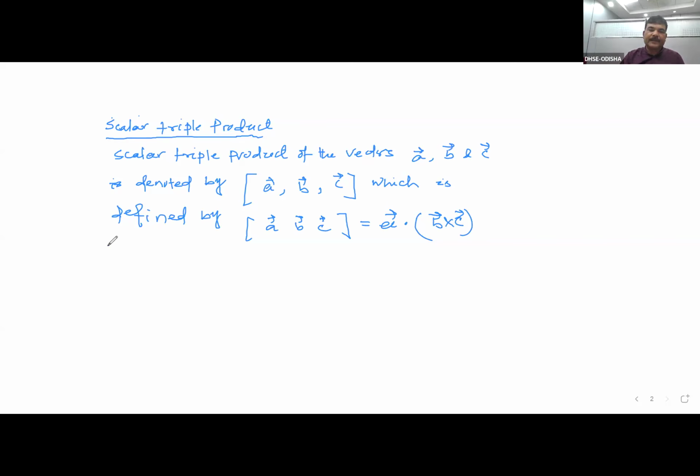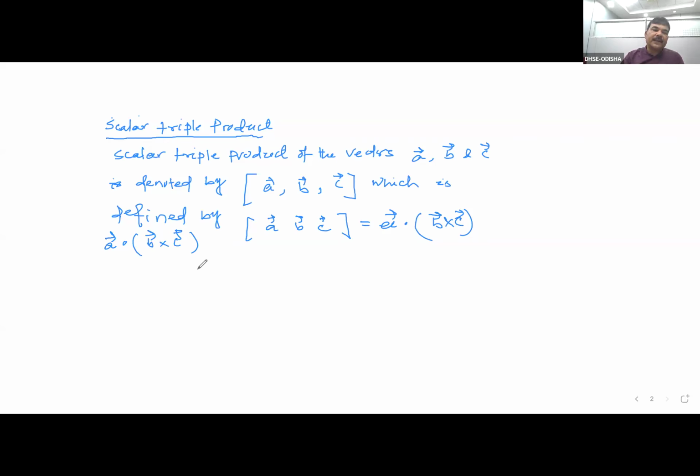So A dot B cross C equals dot product of two vectors. A dot B is equal to AB cos theta. So B cross C is a vector. If you consider B cross C as D, then it will be A dot D. A dot D is equal to A mod D mod cos theta, where theta is the angle between the vectors.